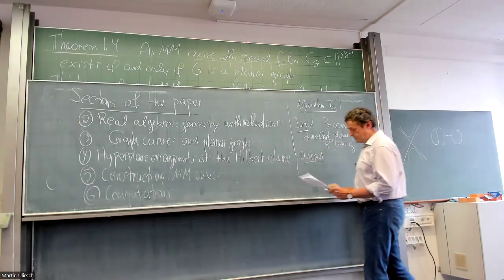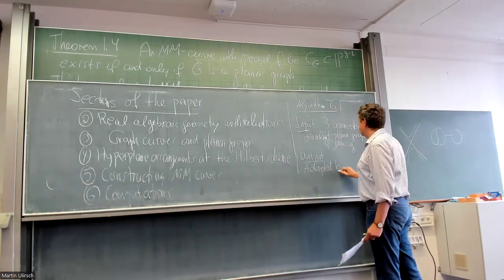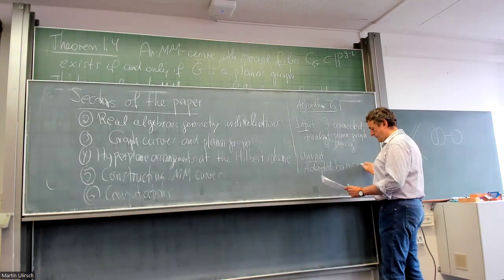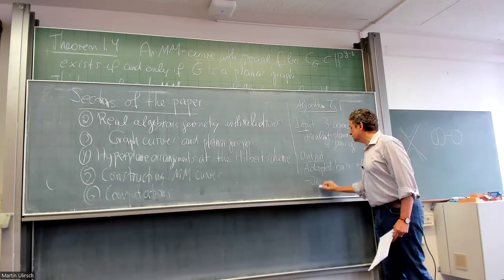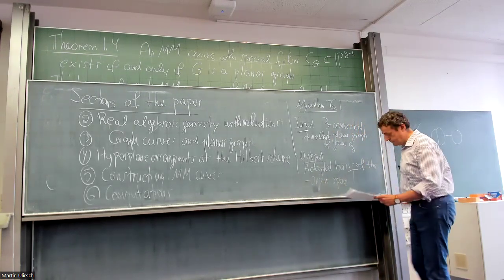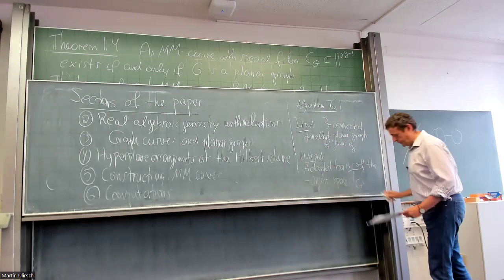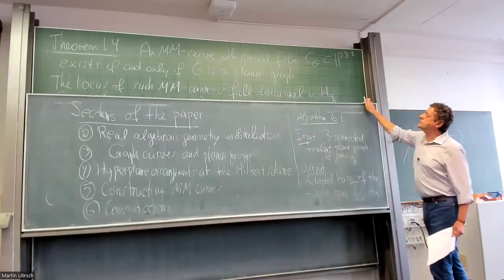And the output is an adapted basis of the tangent space. This is the tangent space at the graph curve of the main component of the Hilbert scheme.